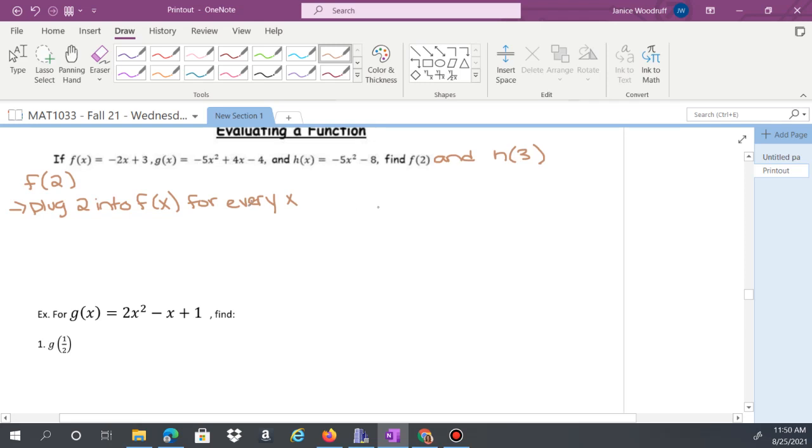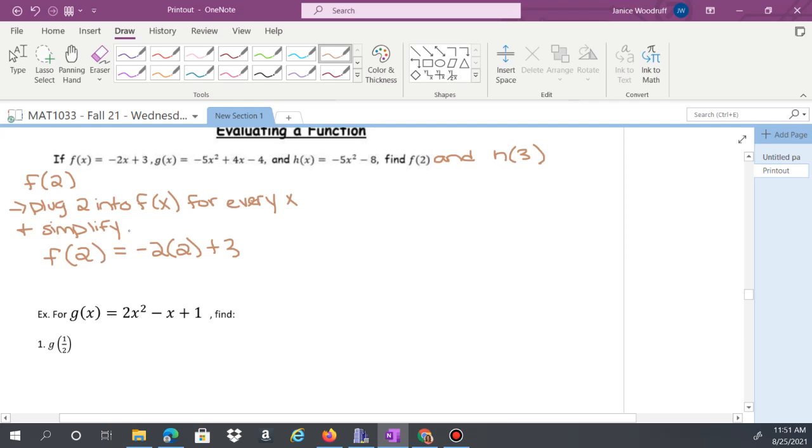And then we're going to simplify. So our f of x function is f of x equals negative 2x plus 3. So we're going to say f of 2 equals negative 2 times 2 plus 3.